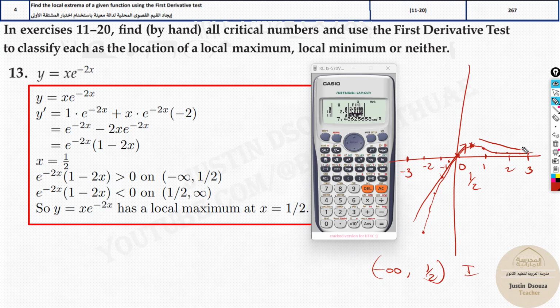And then it's decreasing, isn't it? The values were decreasing. Though it was a negligible decrease, it was decreasing. You can try more as well. And I can tell from half till infinity, it's decreasing. And the local maximum is at x equal to half. So this is what we can infer from this graph.